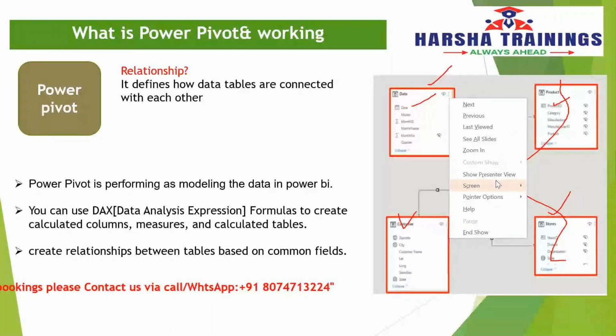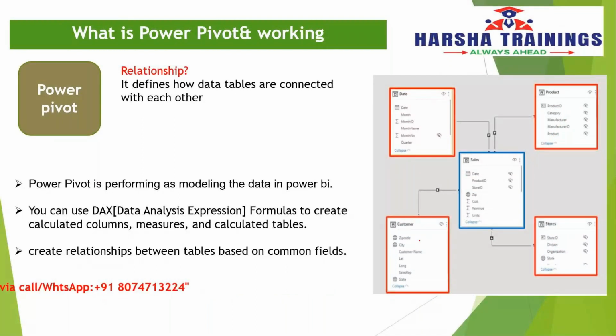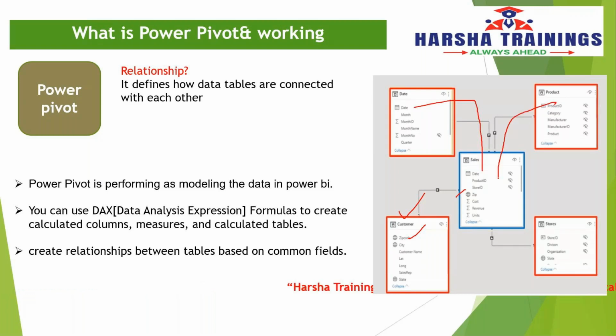Now if you observe, there is a customer table. What is the data we are having? The common column, we need to go for zip, right? Now based on the date column or the common column, we are going to create a relationship between the tables. Now we are able to get the columns from each and every table.